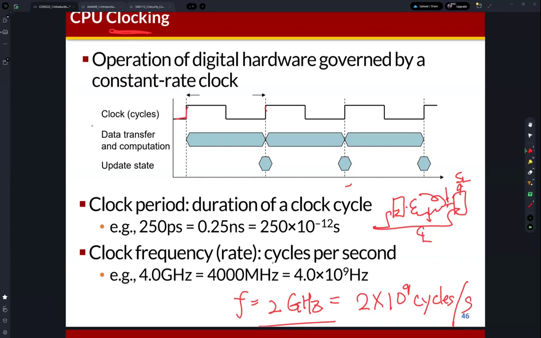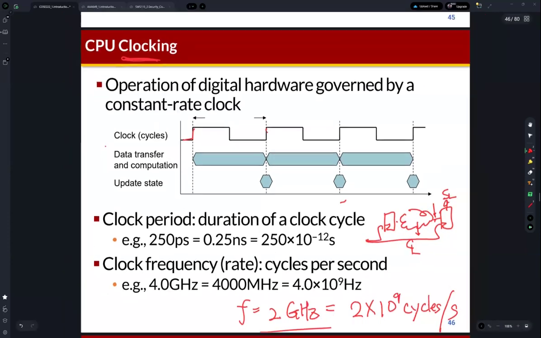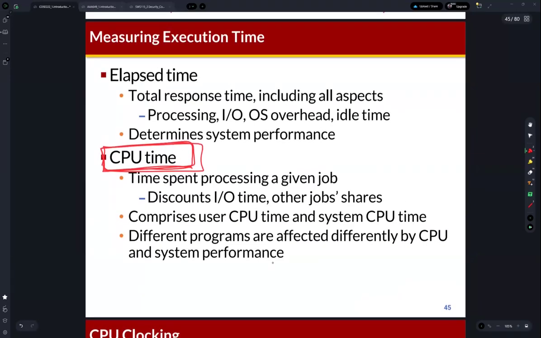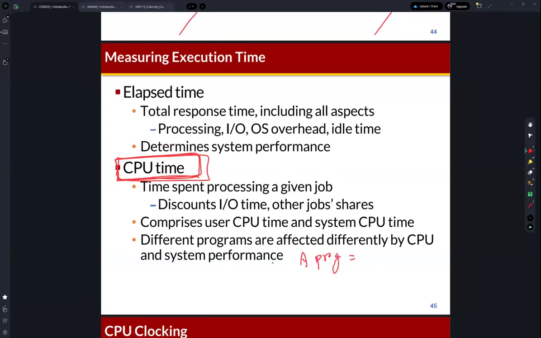So what does that mean? In the previous class, we learned that the high-level language code is translated into the assembly code. Then this assembly code is also translated into the machine code. So a program includes many instructions.